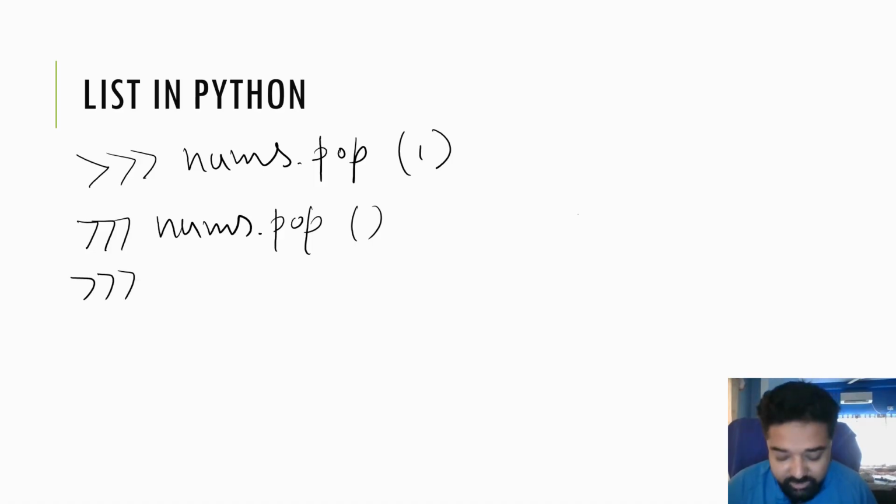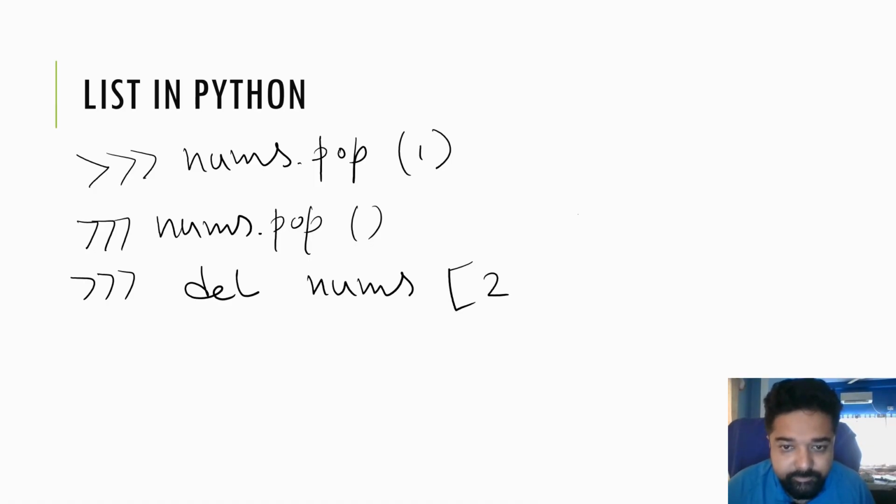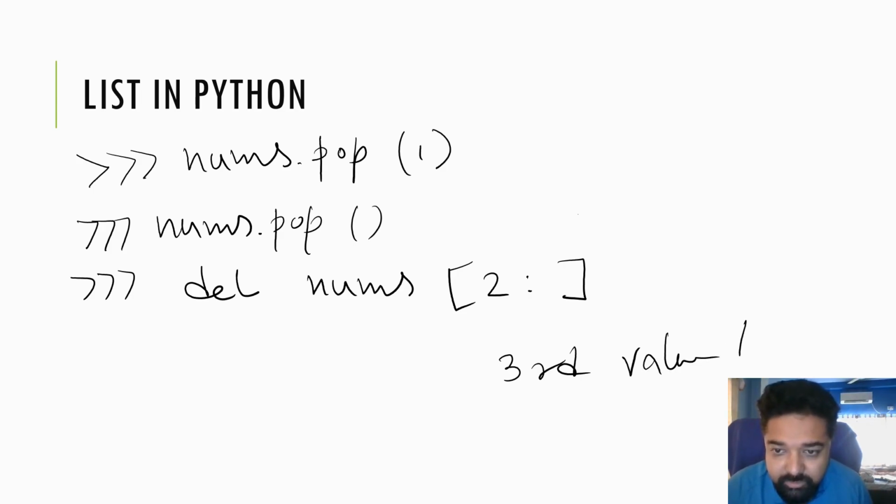We can do so many other things like del nums. So this delete function will delete the values from the third value to the last, this way.